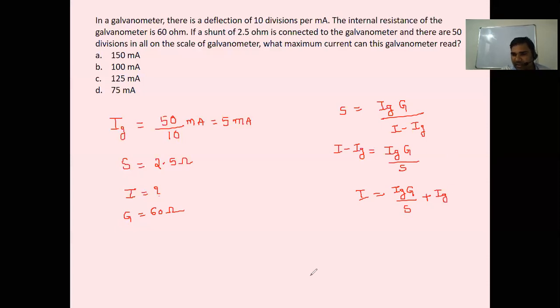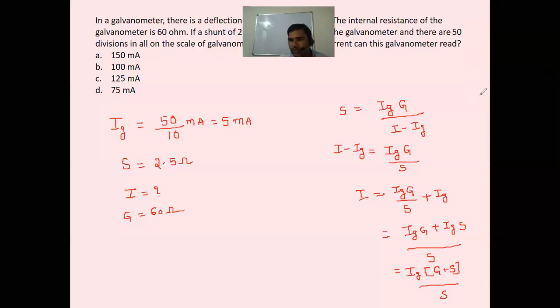Taking the LCM, Ig G plus Ig S whole divided by S. Now let us take Ig common, so Ig times G plus S whole divided by S. Now substitute the values in this formula.